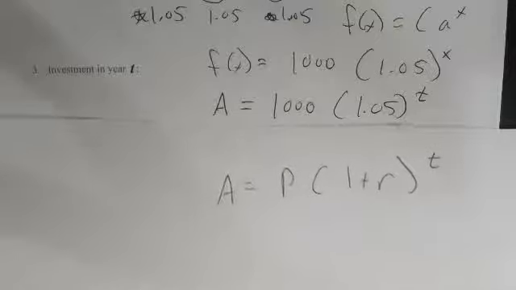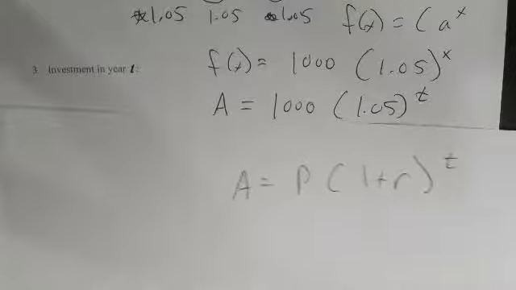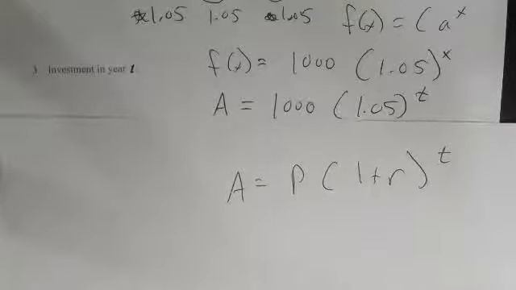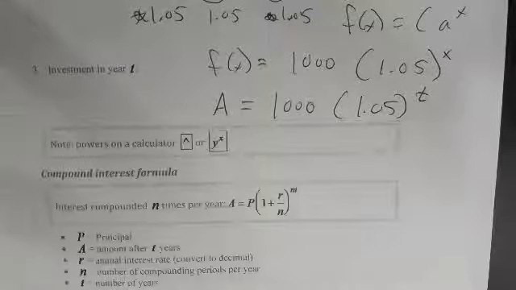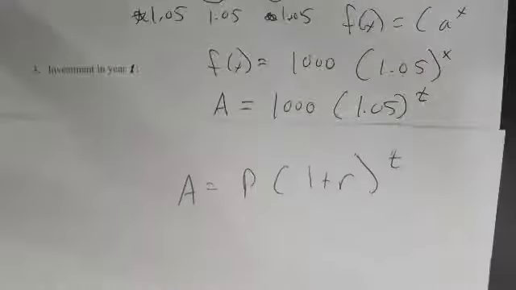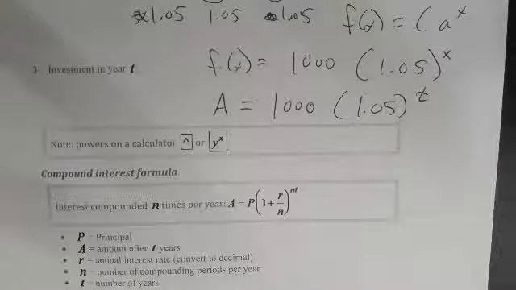We have our accumulated amount A, P, our principal, is $1,000. 1 plus r, which is the interest rate of 0.05, gives me 1.05. And then my T is the variable that stays there for time. So if we compound it once per year, let n be 1, we get a simpler formula that you could use. It is basically the same formula.